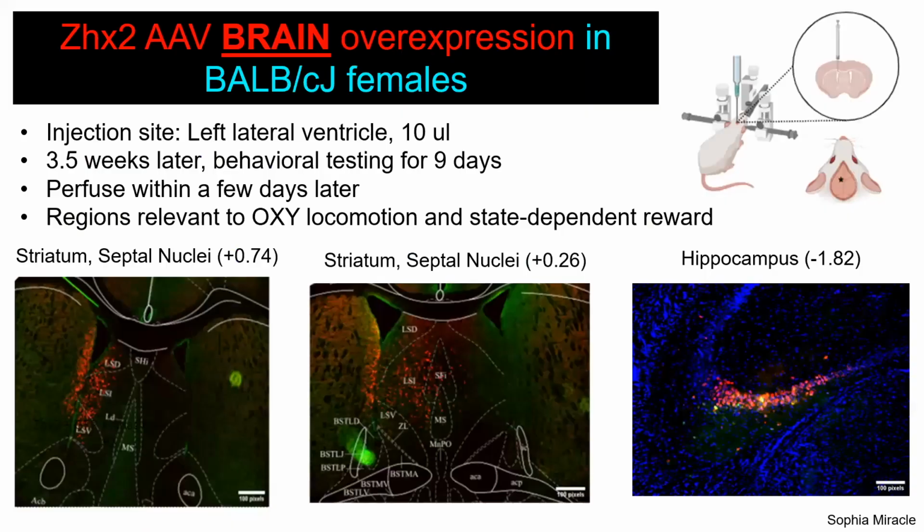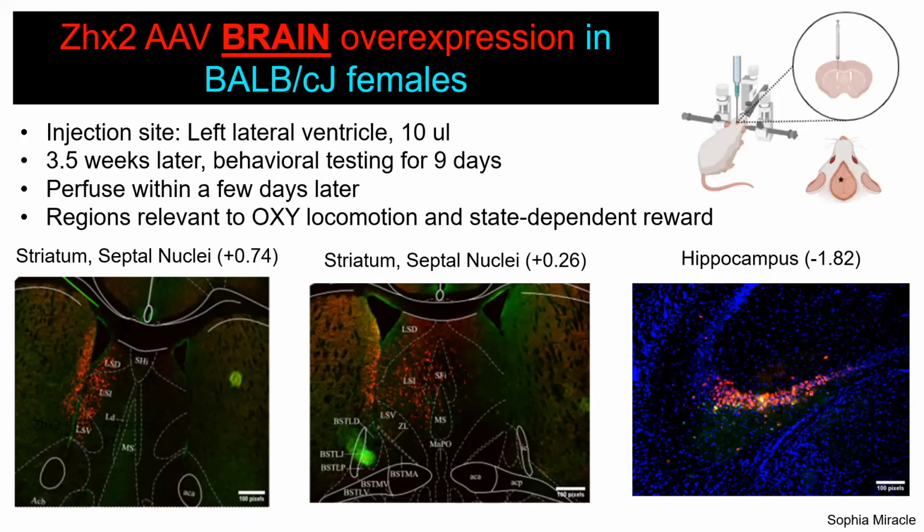And we're just starting to characterize the expression that we got within the brain. So we did these lateral ventricle injections at 10 microliters. We waited 3.5 weeks before we did the phenotyping. And this is just to show you a few sections from striatum and septal nuclei in the hippocampus. What we saw, and I think this might be due to the BALB/c strain, is the expression tended to be localized near the ventricles.